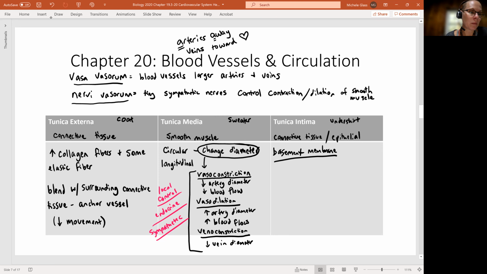So the basement membrane is going to be connective tissue, and it's going to be strong, it's going to be flexible, and it's going to be permeable. So when we do talk about the need for material to cross in and out of the bloodstream, we'll see that it can move across that basement membrane.